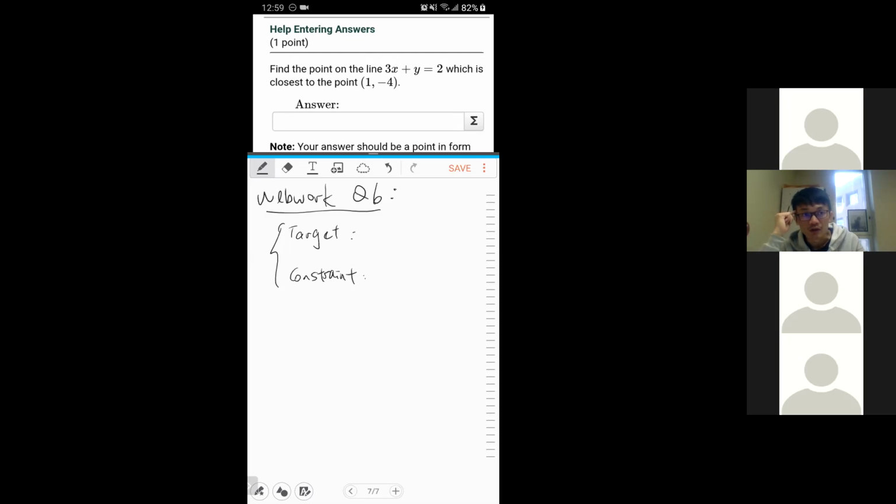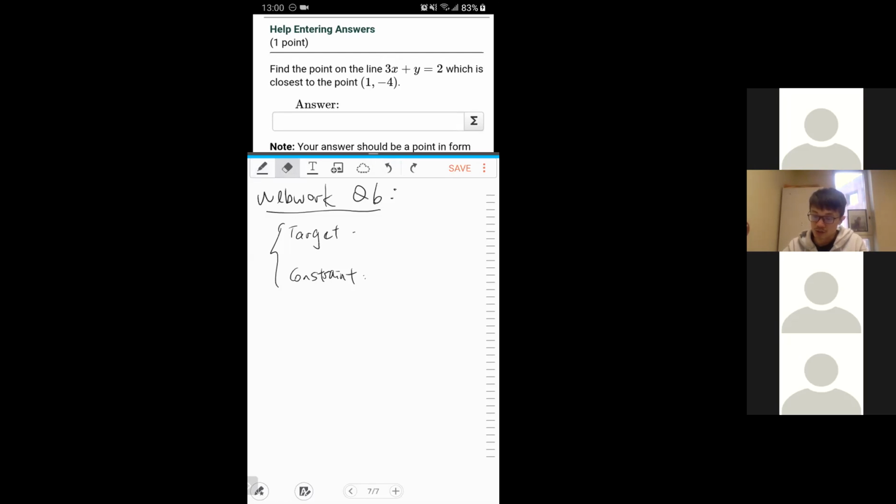Okay, so 3x plus y equals 2 is actually the constraint, right? It gives you the relationship between x and y. The function that we want to minimize is the distance function, because we want to find a point on the line that's closest to the point 1, comma, negative 4. Does it make sense? So the target should be the distance between 2 points.